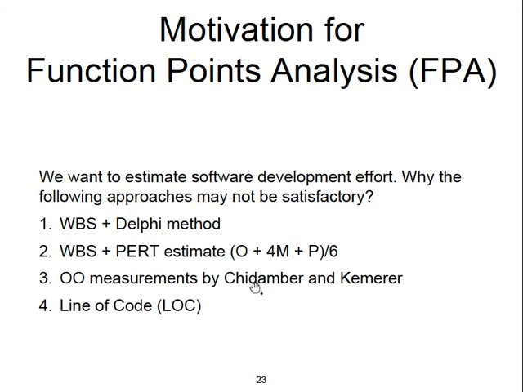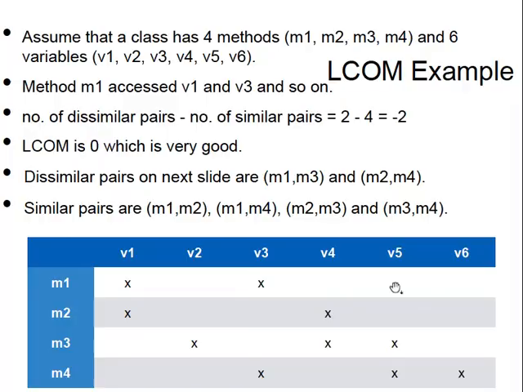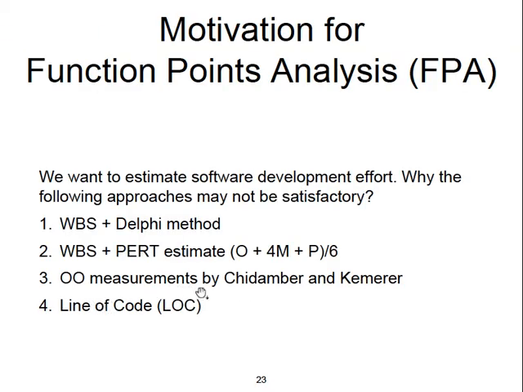This is a drawback. And we've looked at OO measurements by these two people, including the lack of cohesion measure, but they measure software quality more than the size.